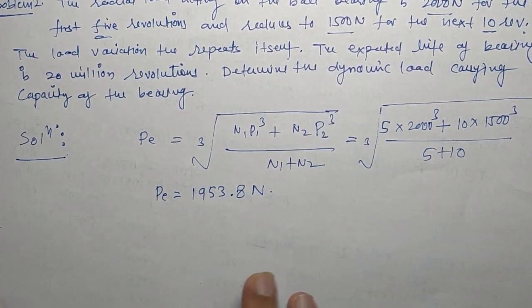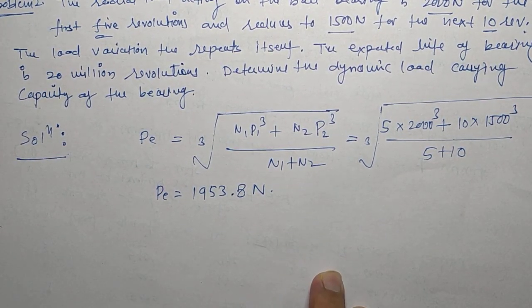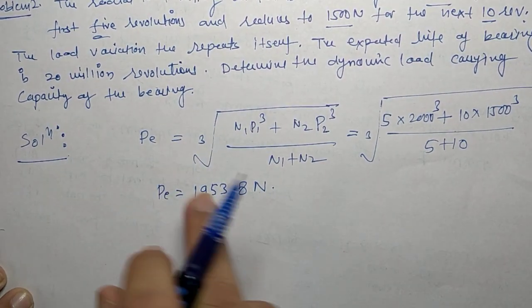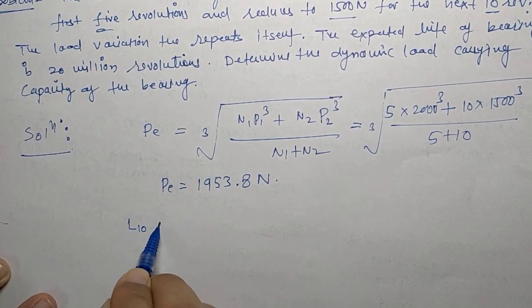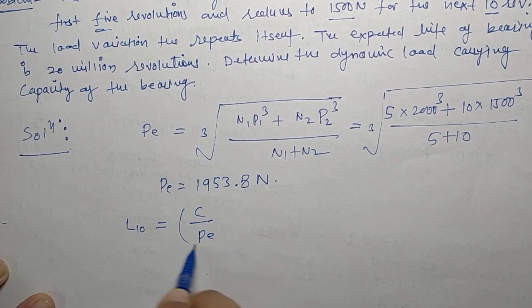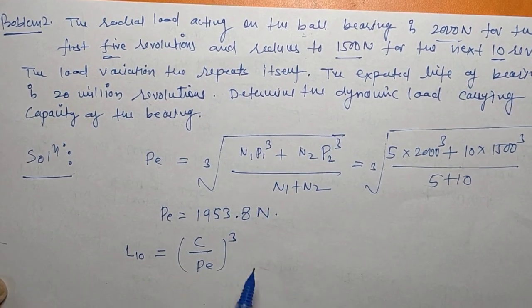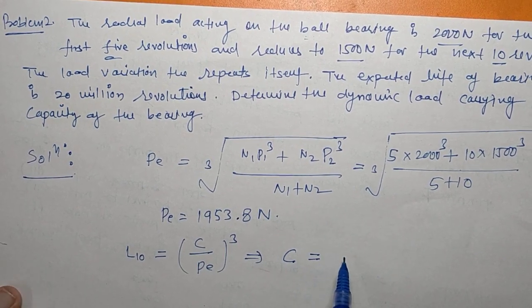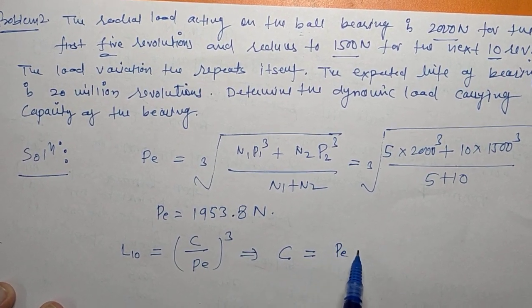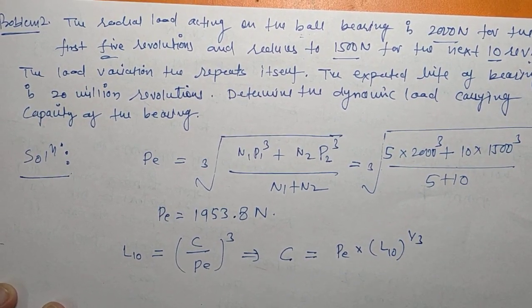Now we know the P equivalent, and we are given the expected bearing life in million revolutions. So we can find the dynamic load carrying capacity using the equivalent load relationship with life. That formula was L10 life equals C over P equivalent raised to power 3, if we are talking about the ball bearing. From here we need to find C. So C equals P equivalent multiplied by L10 life raised to power 1 by 3.